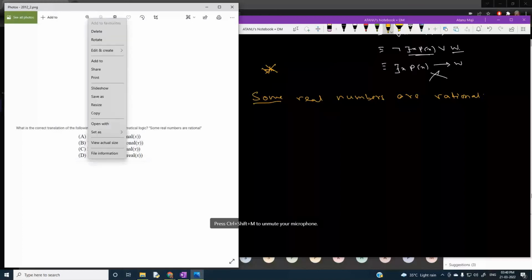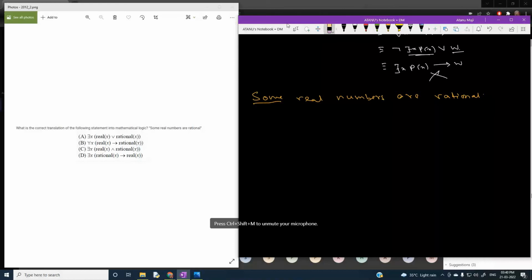Another thing you should learn from here, that the existential quantifier cannot have the implies symbol. existential quantifier में implies symbol नहीं हो सकता है. Like you cannot write there exists x, px implies qx. Why?